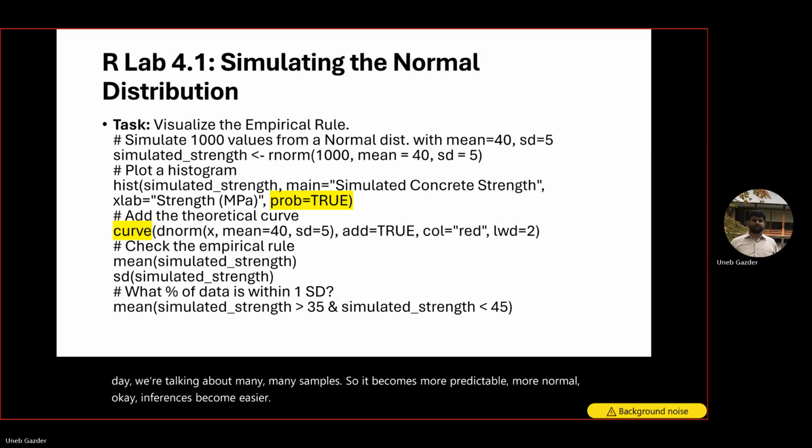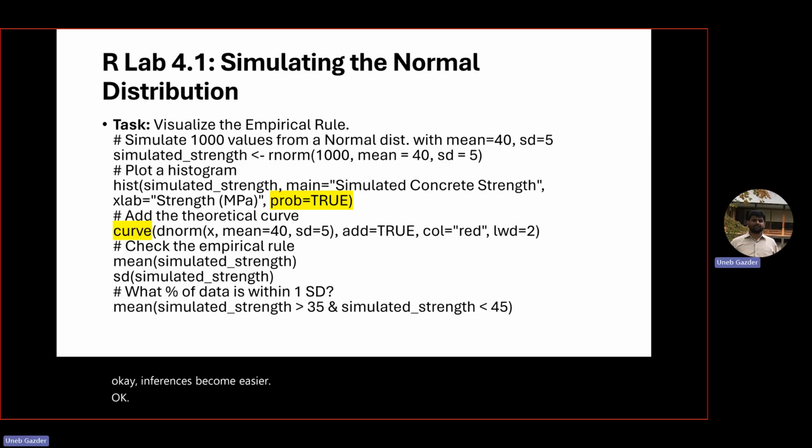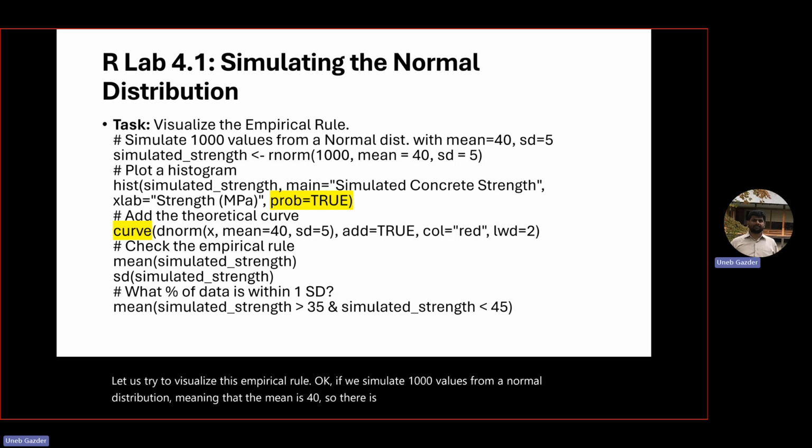Okay, so let us try to visualize this empirical rule. If we simulate 1,000 values from a normal distribution with a mean of 40, no data is required. You are generating your own data. This code will generate a distribution itself and plot the histogram as well.